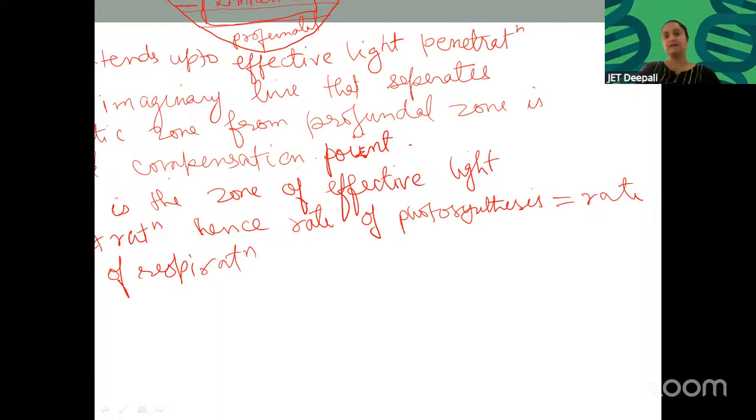Clear? Rate of photosynthesis equal to rate of respiration. The limnetic zone has no contact with the bottom of the lake.